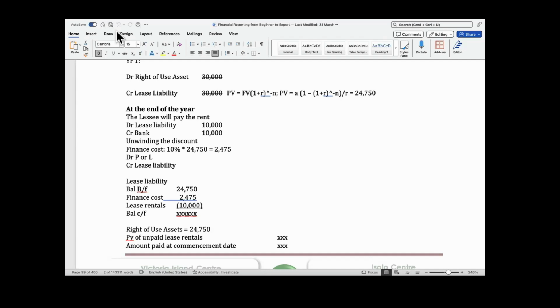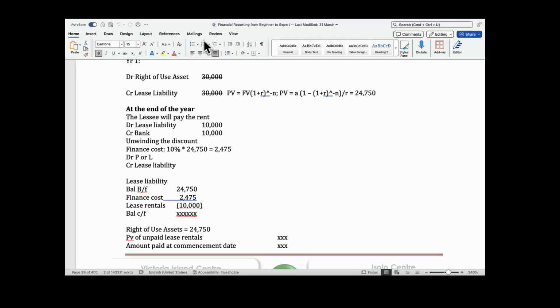A lease contract is usually for a period, which we call lease term. And this lease term is a non-cancelable period. We don't expect it to be cancelled, but it can be extended.